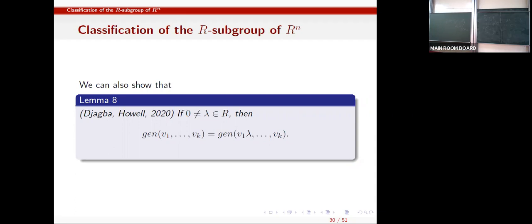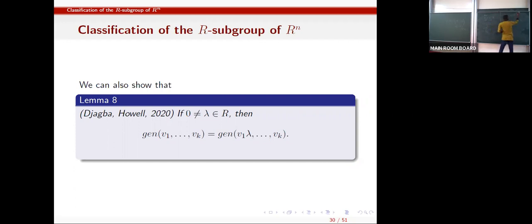For the first inclusion, if we take an element in L_C^i, we can represent V1 in the expression. We can write V1 as V1 multiplied by lambda times lambda inverse, because we suppose that lambda is different from 0, so it has an inverse.